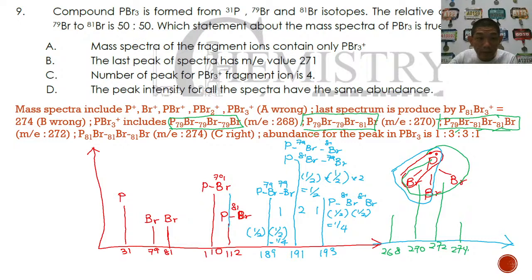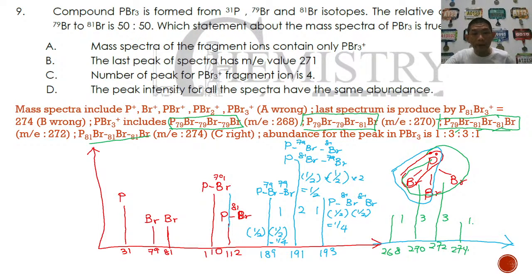Okay, and last but not least, what makes 274? 274 is 81, 81, 81, so there's only one possible way to arrange this. Therefore, the peak ratio is 1 to 3 to 3 to 1. So that is how you deduce the peak ratio for each of these fragment ions.